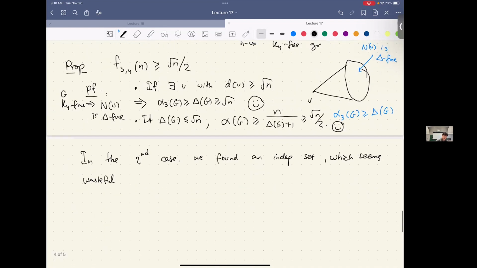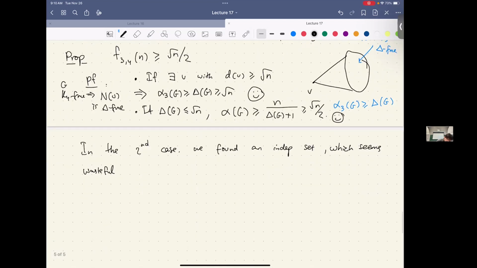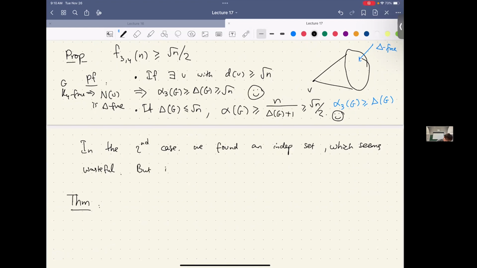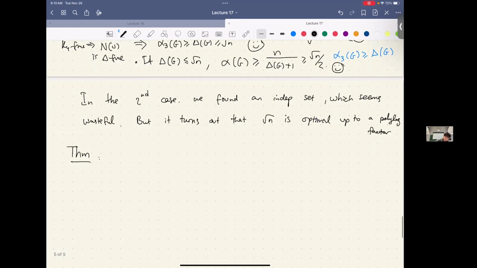So square root n is optimal up to polylog. It's a theorem.